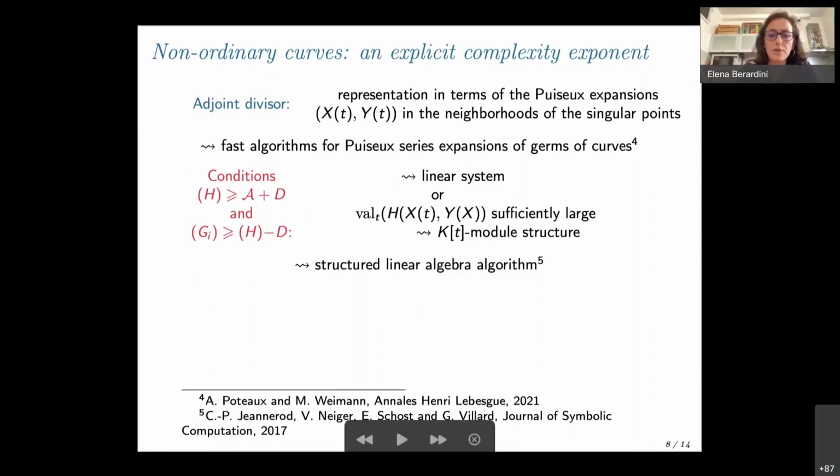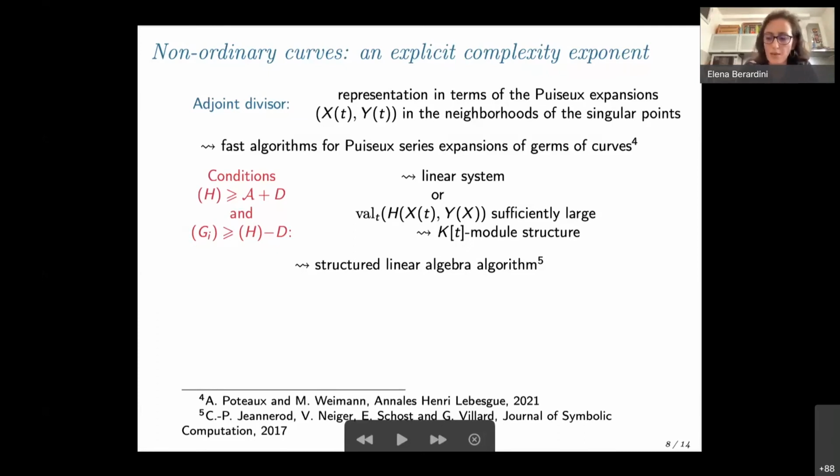And the condition on H and on the Gi can be translated into a linear system, which can then be solved with the classical Gauss method, or you can rephrase it with the structure of a Kx-module, and then use algorithms from structured linear algebra, which are in general faster than the classical one.